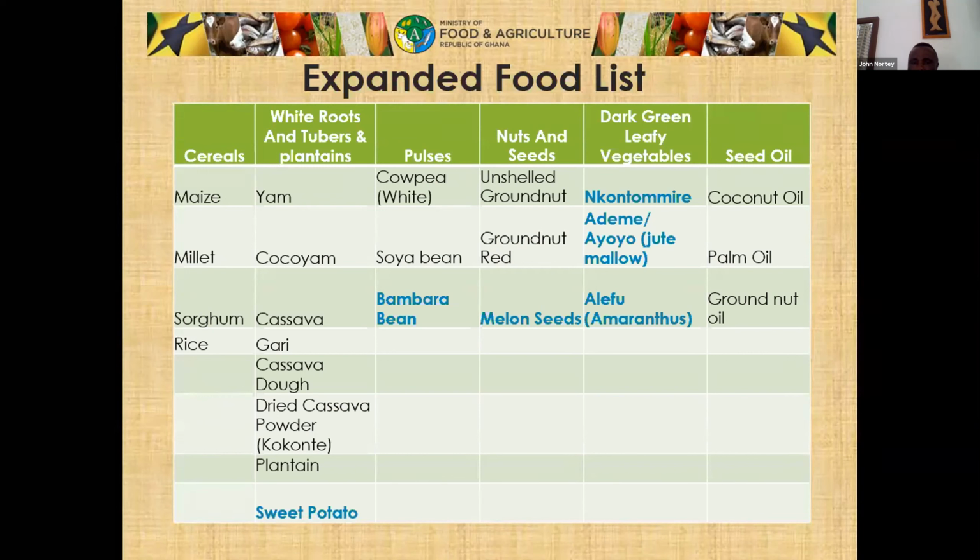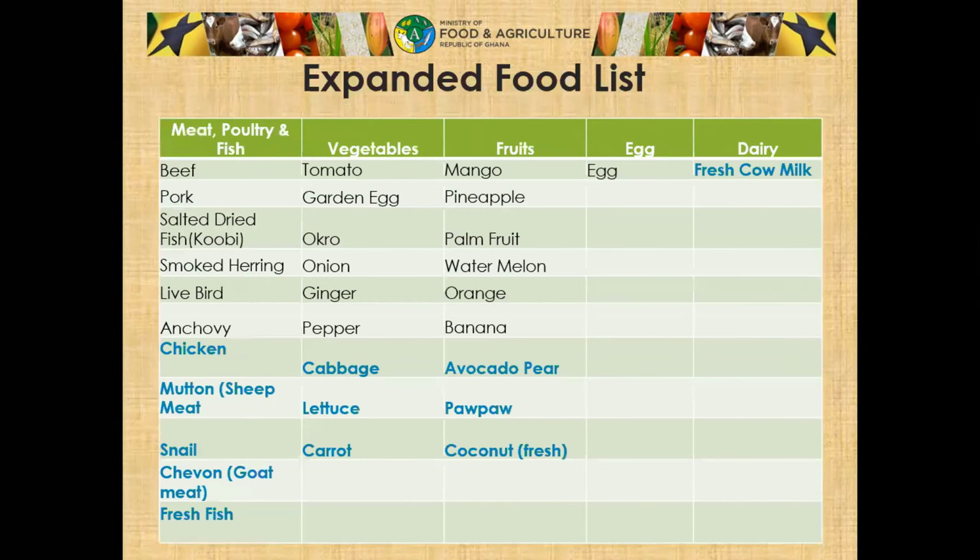For dark green leafy vegetables, we didn't have anything in that column at all. So these are 3 famous leaves consumed in the country: kontomire, ademe as we call it, and alefu, which is amaranthus. And in the seed oil sector, we didn't have a problem either.